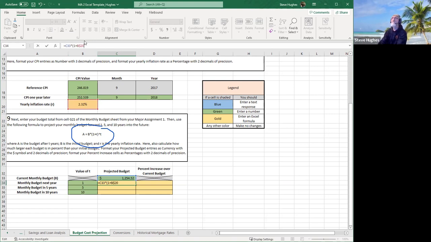All right, close parentheses. Then you need the caret key, shift 6 gives you the caret key, and T is in cell B34, and I'm done. Hit enter, and I'm good to go. Okay.